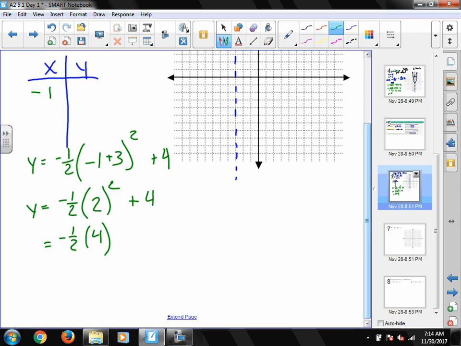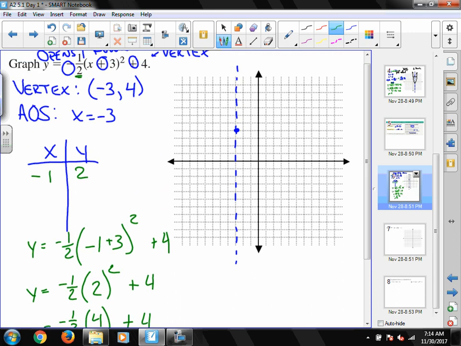If you picked -2, you would have gotten fractions, and I know how much you guys like to work with fractions. -1/2 times 4 is going to give me -2 plus 4, so y is going to be 2. So I've got the point (-1, 2) right there. Again, use symmetry to reflect that over. I'm 2 to the right now, so I got 2 spots there. So I've got to go 2 spots here, and I open down, and there I go. So that's all there is to that one.